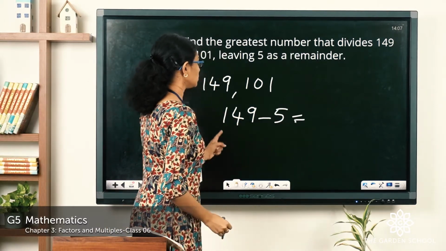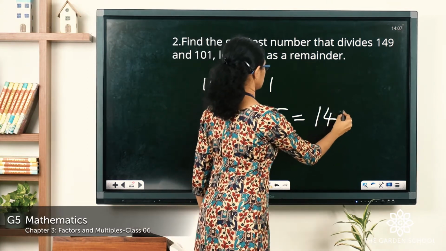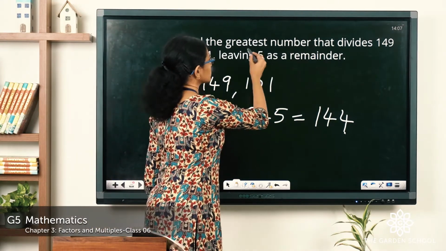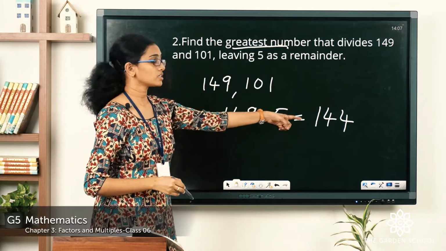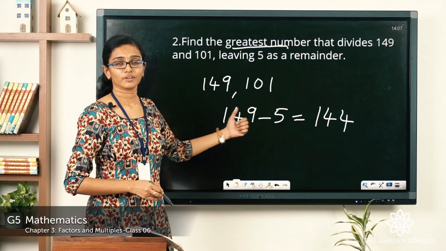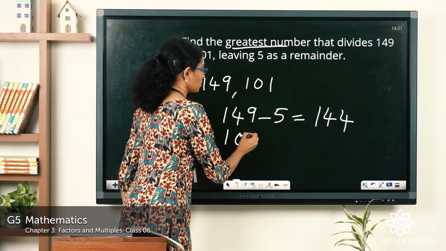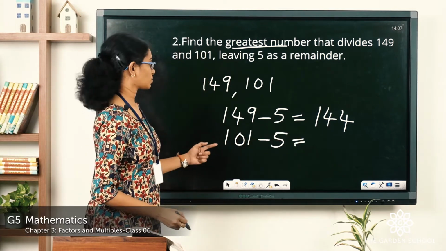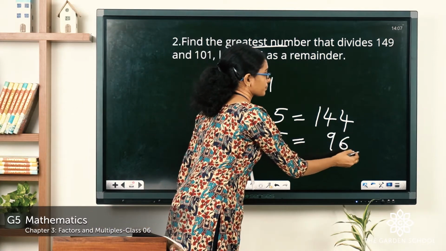So that will give you 144, right? So when you use the same number to divide 144, it should be dividing it completely without any remainder. Why? Because we have already subtracted 5 from the given number, right? So similarly, from 101 also, we are subtracting 5. So there is no remainder of 5 left. So 101 minus 5 will give you 96.